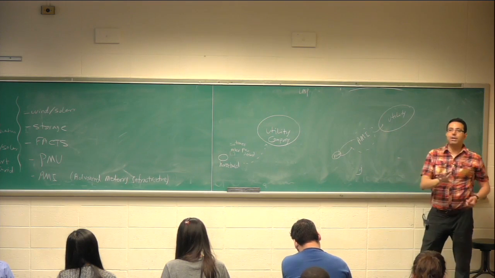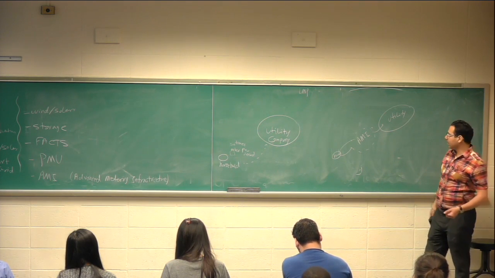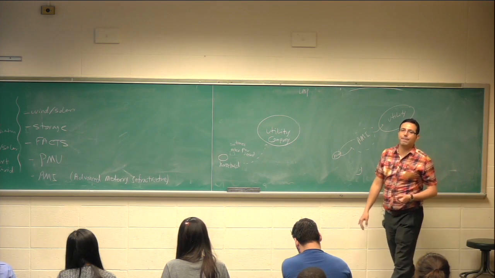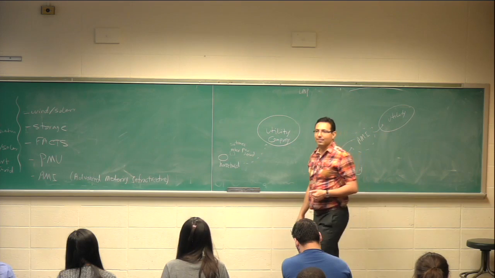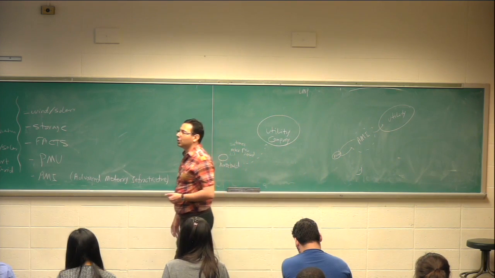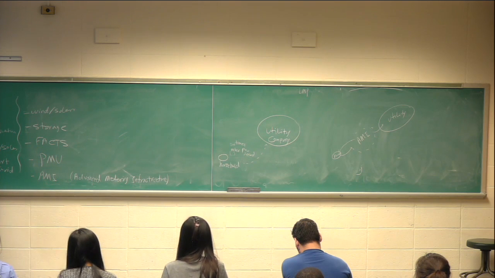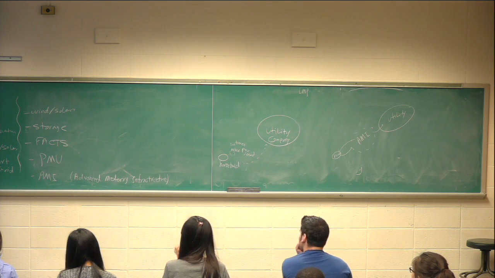In terms of research, what are the challenges of AMI? Is it a good thing or a bad thing? Is it good to have communication, or it could be potentially dangerous? On one hand, you would say AMI gives us more information, more data.